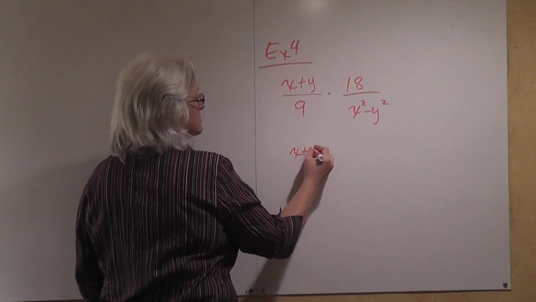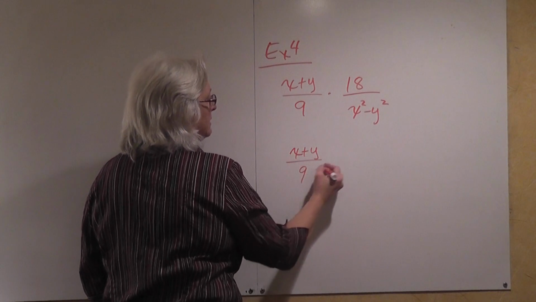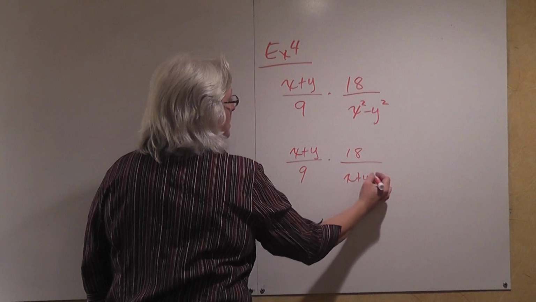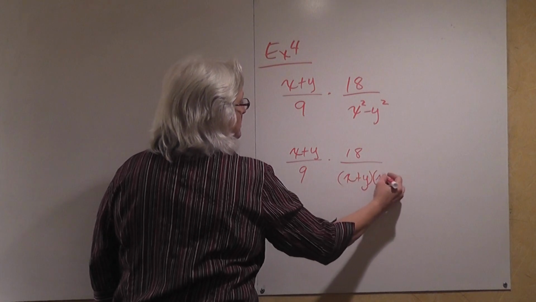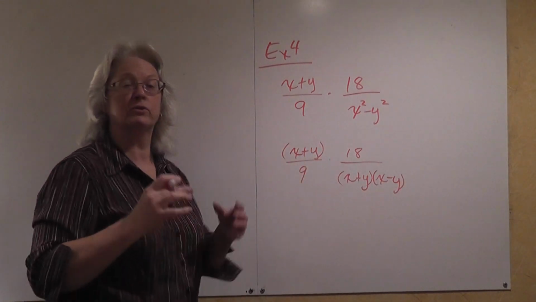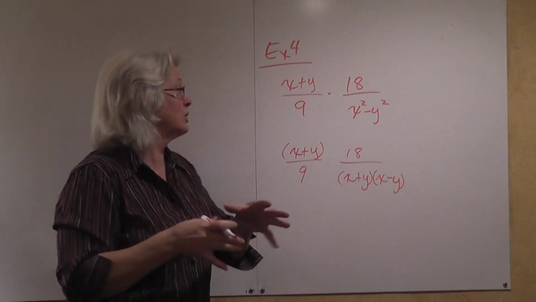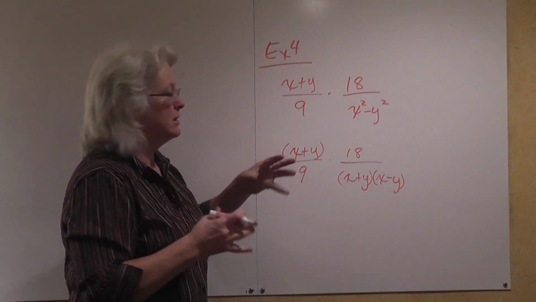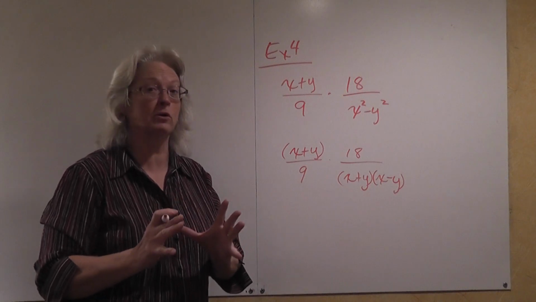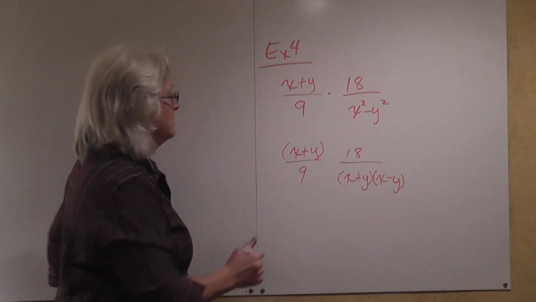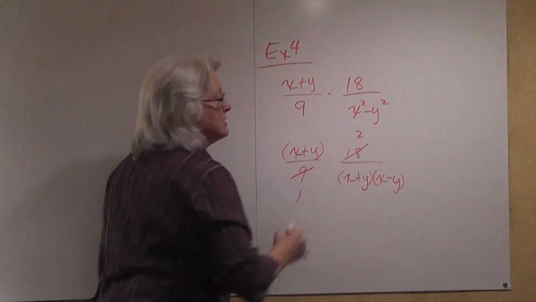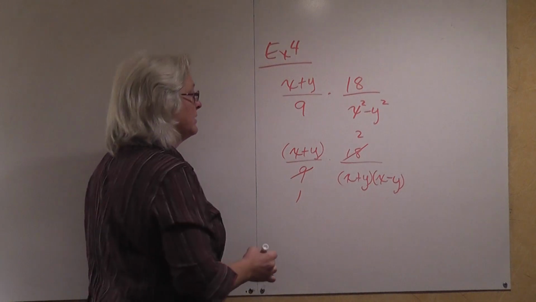So this becomes x plus y divided by 9 times 18 divided by x plus y times the quantity x minus y. Be careful to enclose your factors in parentheses so that you make sure that you're canceling only common factors, not terms, only factors. A 9 cancels, leaving us a factor of 2 in the denominator.